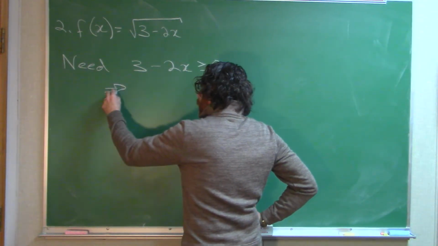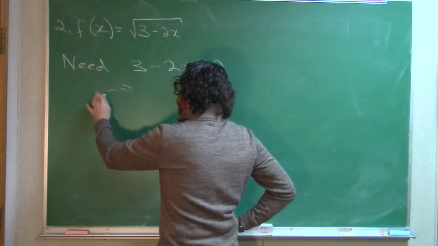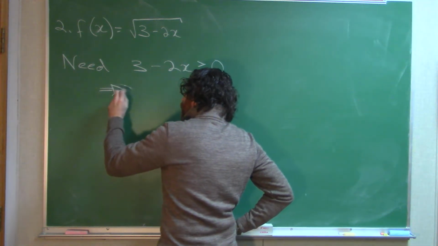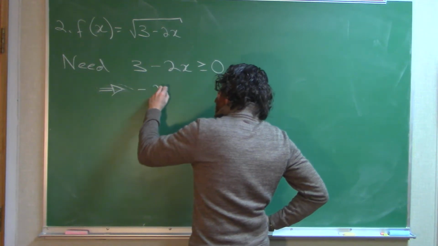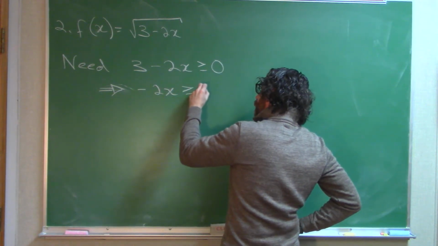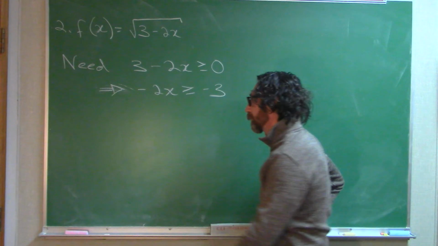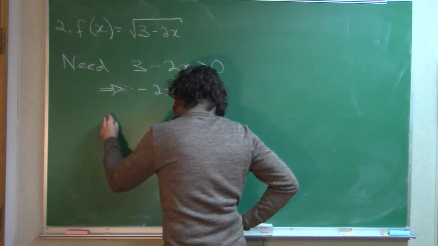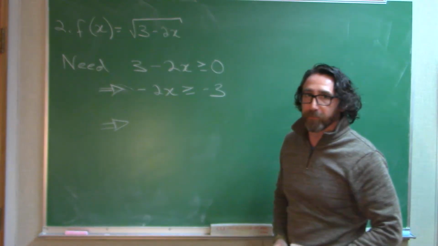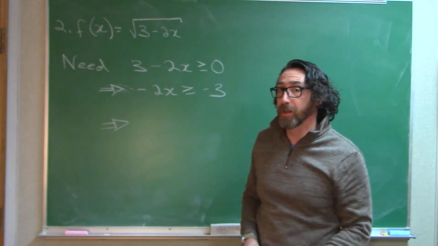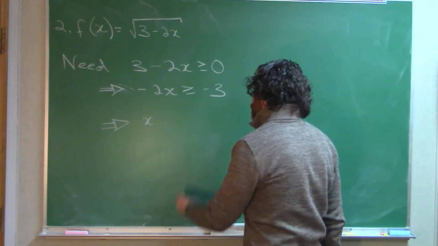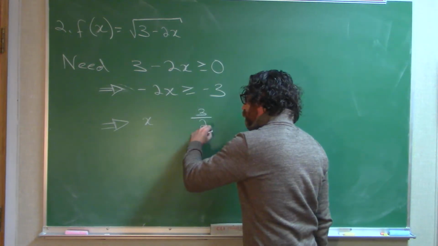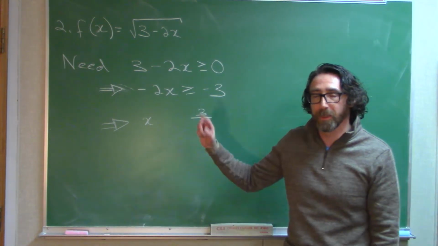Okay, if I want 3 minus 2x to be greater than or equal to 0, well, if this is true, then negative 2x must be greater than or equal to negative 3. Okay, I got to get rid of that multiplier of negative 2, so I would divide by negative 2. Over here I'd have an x, over here I'd have 3 over 2, the two negatives cancel each other out.